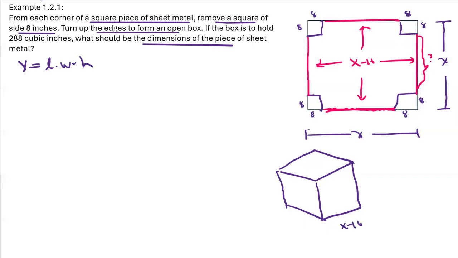And then what about this here? Good, it's going to be the same thing. Perfect. So this will be x minus 16. Then what about the height? Again, this is not drawn to scale. What's the height going to give us? It's not going to be the same.